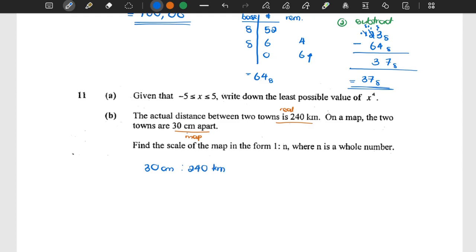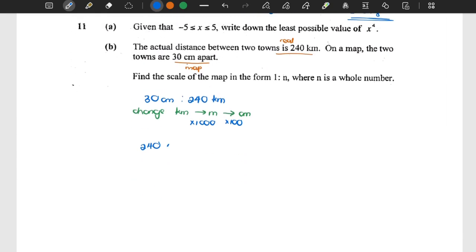So the thing to do is to change kilometers to meters and then to centimeters. When you think about it, kilometers to meters, you multiply by 1,000, meters to centimeters, you multiply by 100. So at the end of the day, we have 240 times 1,000 times 100. Then we end up with 24 million.